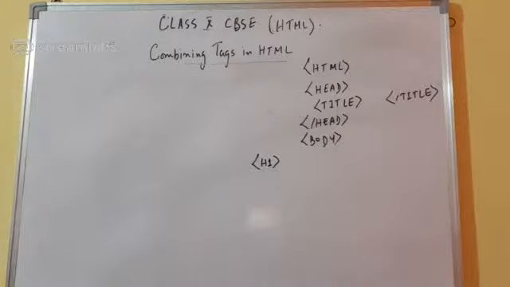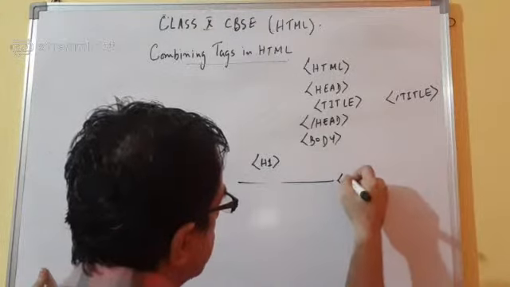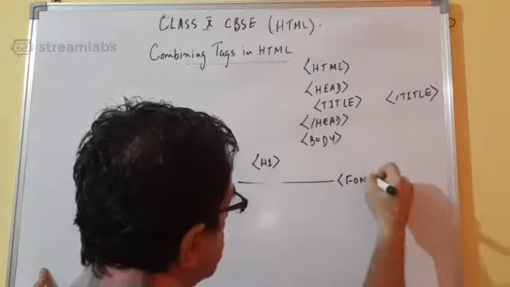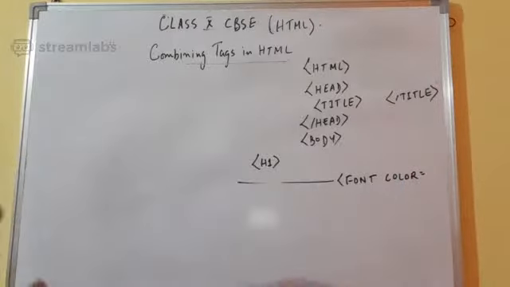Like if certain text is there, then you introduce your font tag, and then you introduce your color. We are not so sure whether this heading tag starting with h1 can also have the color or not. This can definitely have some color, but we need to apply the font tag inside the heading tag.